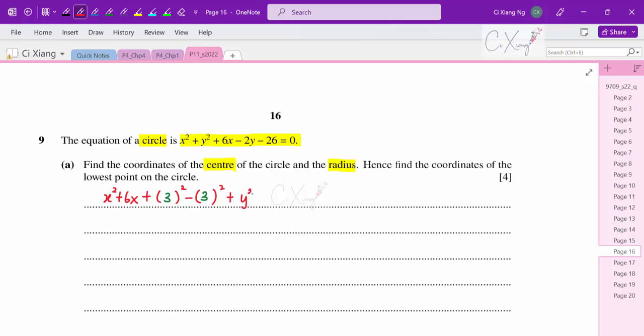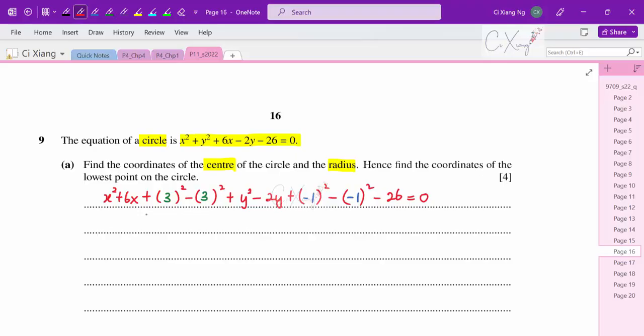So I have y squared minus 2y. Again, I will add something squared and subtract something squared. Look for the value of the something. It should be negative 2 divided by 2, which gives negative 1. Then what else? We haven't included it here. We still have the negative 26, and we let it equal 0.